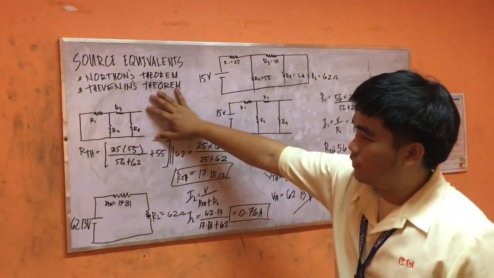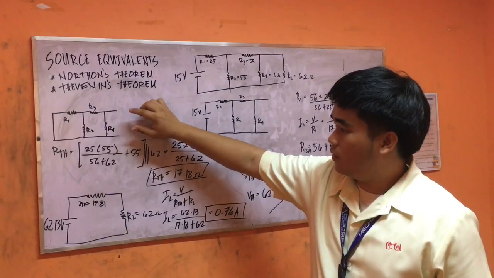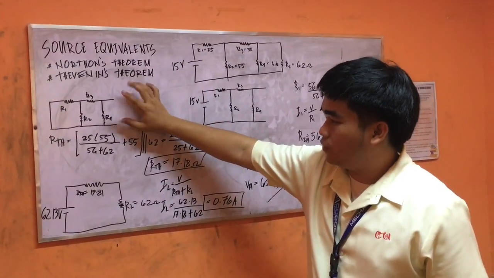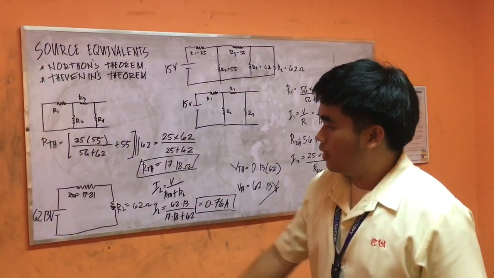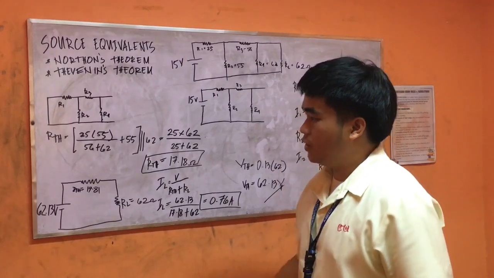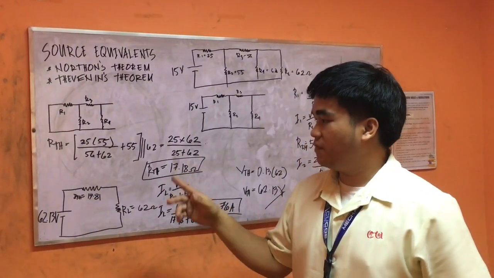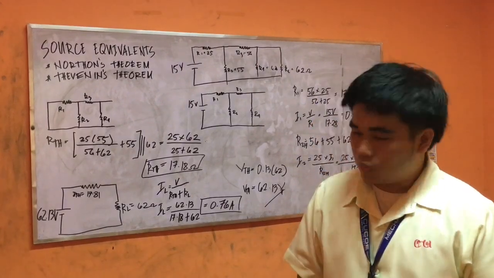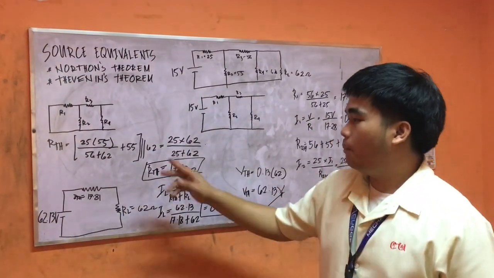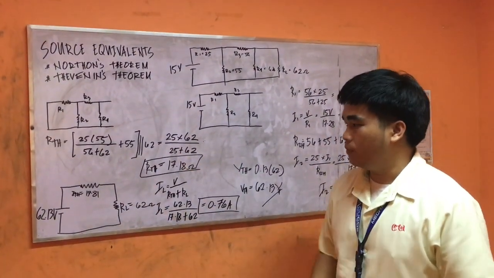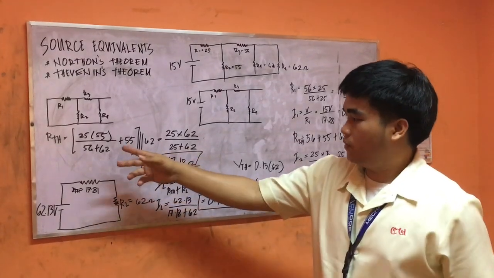So here is our diagram. We have to remove the load again. So our solution is 25 times 55 over 56 plus 62 plus 55 parallel to 62 ohms. So we have to calculate.